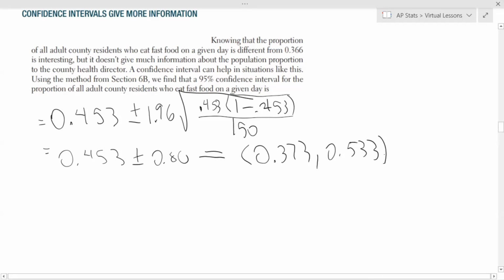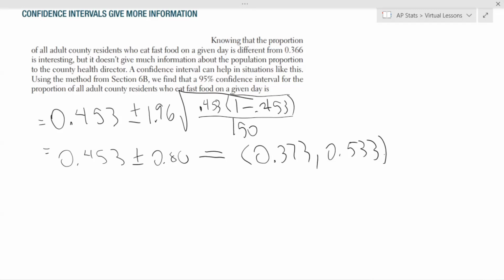So the health director should not be surprised if the population proportion of all adult residents in the county is between these two values. It would be surprising, however, if the population proportion were any value outside of that interval.